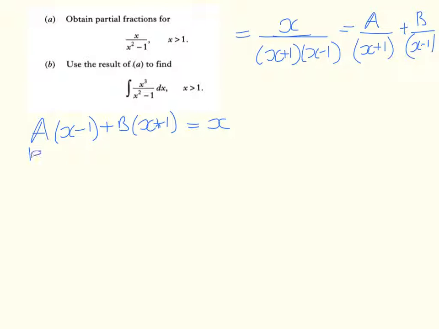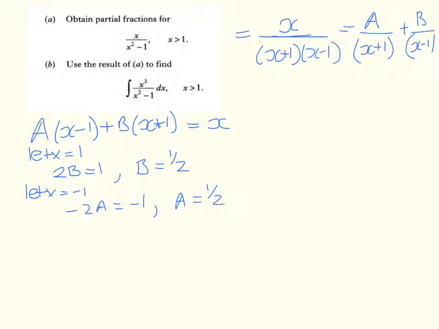If we let x equal 1, we get rid of the a's, and we have 2b equals 1, which means that b is a half. Then we're going to let x equal minus 1, so that we can eliminate the b's, and that will give us minus 2a is equal to minus 1, and therefore a is also equal to half.